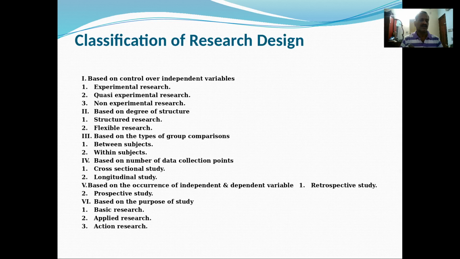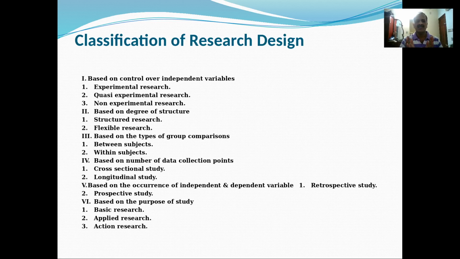The researcher is most interested in the dependent variable, whereas they make changes in the independent variable and see what changes take place in the dependent variable because of the measured changes in the independent variable. So this is the importance of independent and dependent variable, or in other words, cause and effect. Cause is the independent variable and effect is the dependent variable.